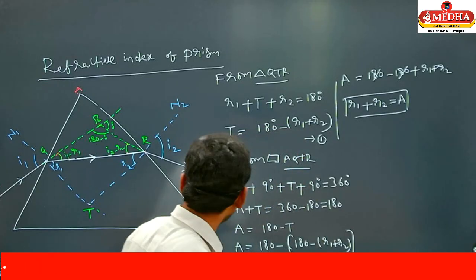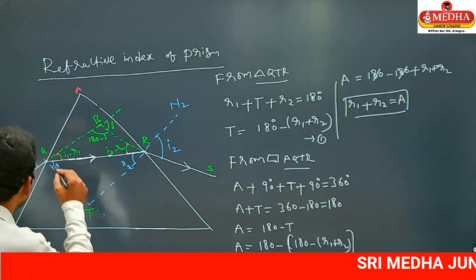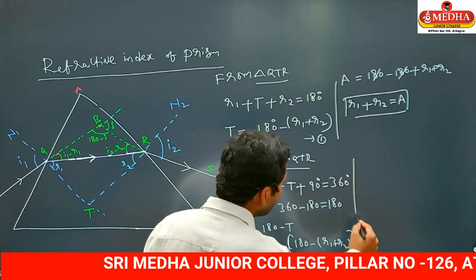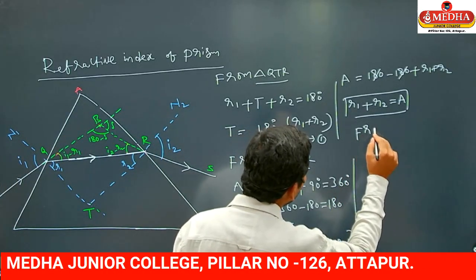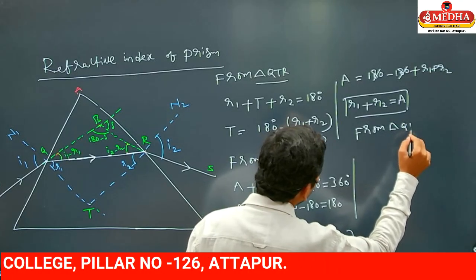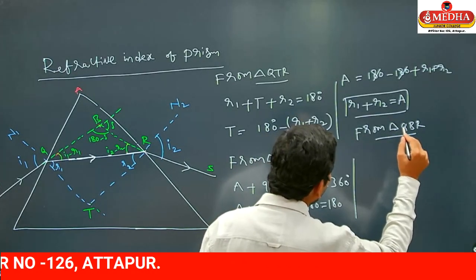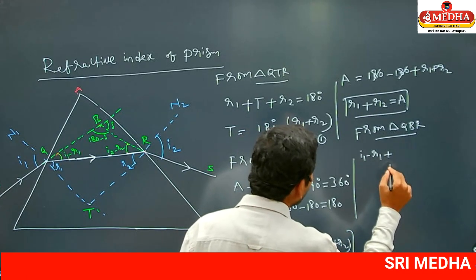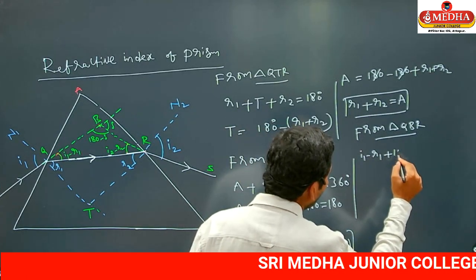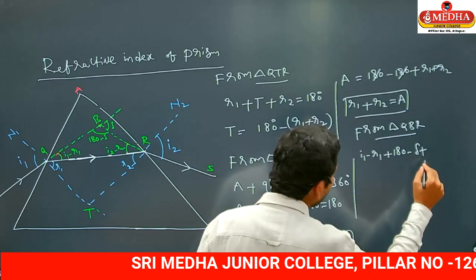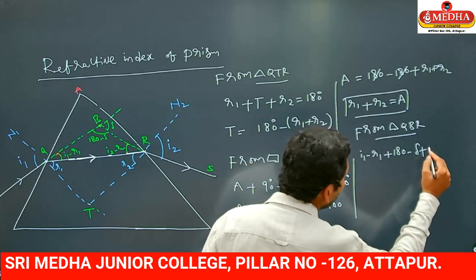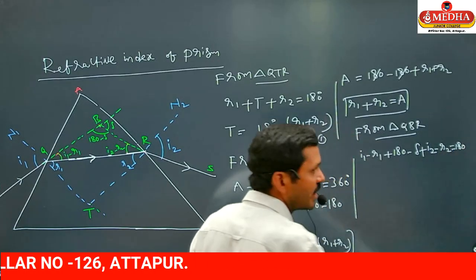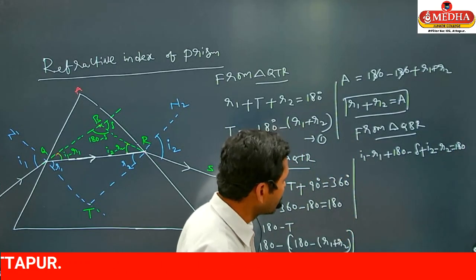Next, one more triangle is left in this prism, which is QBR. From triangle QBR, the angle at Q is I1 minus R1, plus the angle at B which is 180 minus delta, plus the angle at R which is I2 minus R2, is equal to the total angle, again 180.